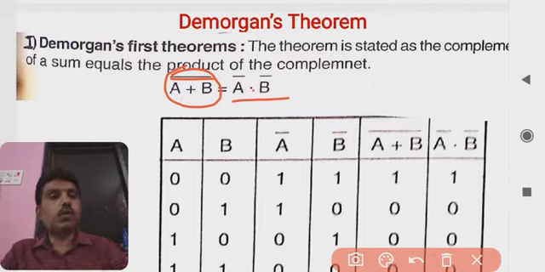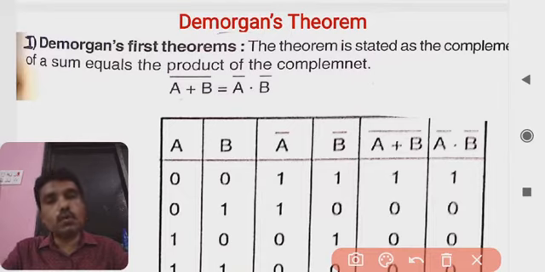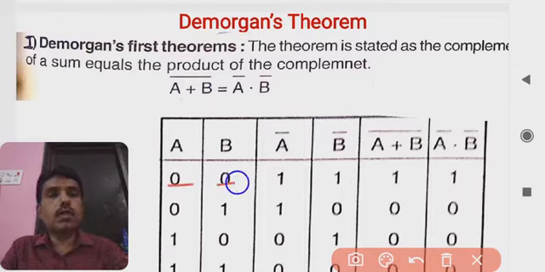So this is the statement: the complement of the sum is equal to the product of their complements. To prove it in a simple way, as we know there are two variables A and B as the two inputs, the number of input combinations is 4: 0 0, 0 1, 1 0 and 1 1.